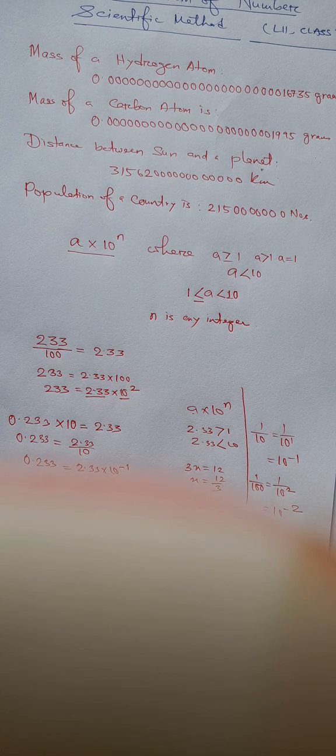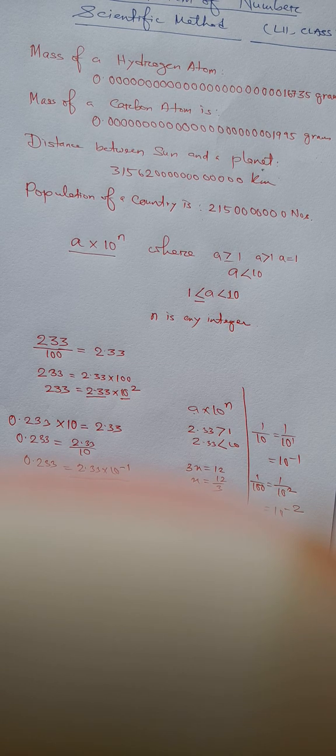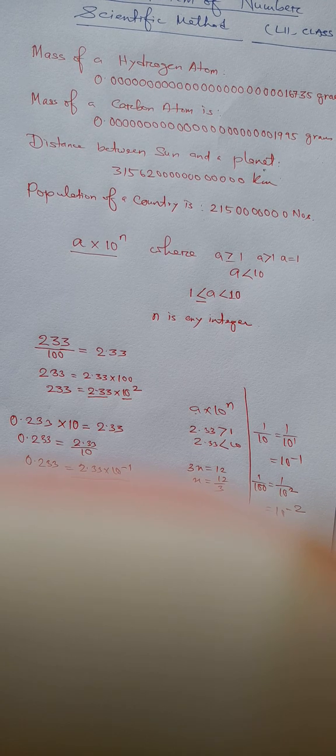So 0.233, when we express in scientific method, we find 2.33 multiplied by 10 to the power minus 1. This is how we can convert a number into standard form or scientific method.